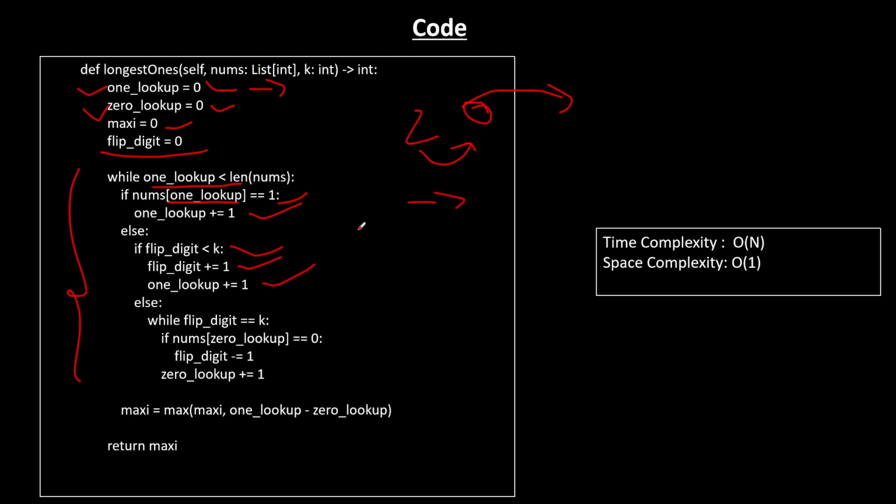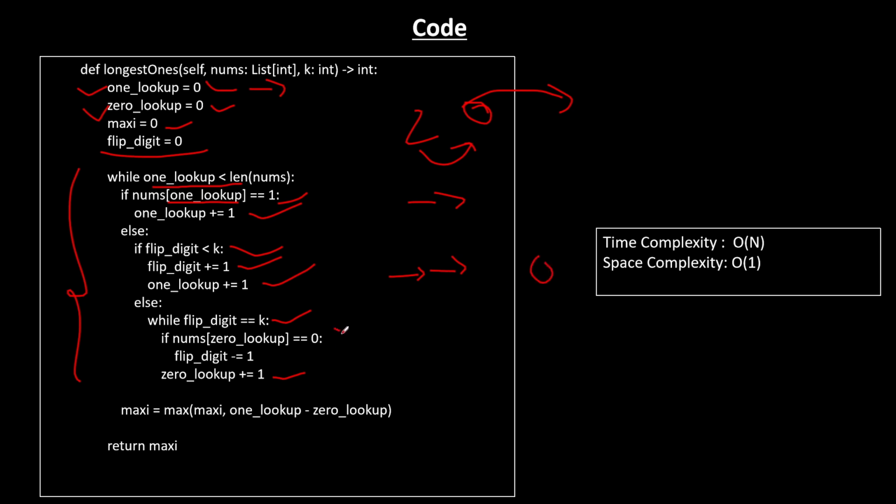If in this case, again we reach a value which is 0 and flips have already been used, what can we do? We will check while flip digit is equal to k, right? We will increment the zero lookup. Okay, we will keep on increasing zero lookup until we find a 0.